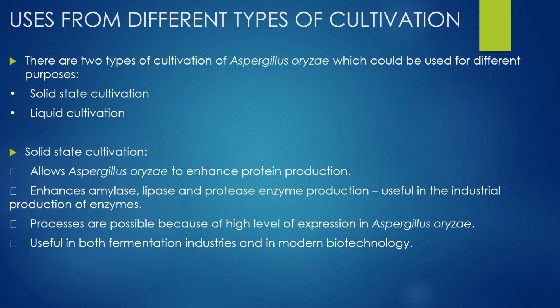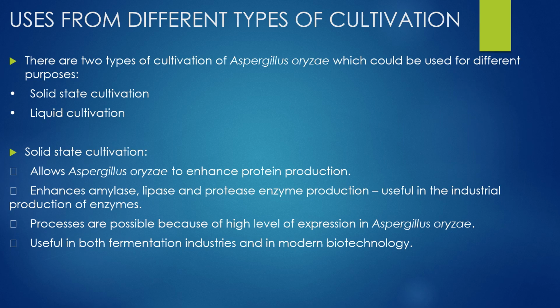There are two types of cultivation of Aspergillus oryzae which could be used for different purposes, being solid-state cultivation and liquid cultivation. Solid-state cultivation allows Aspergillus oryzae to enhance protein production. It enhances amylase, lipase, and protease enzyme production, which is useful in the industrial production of enzymes.